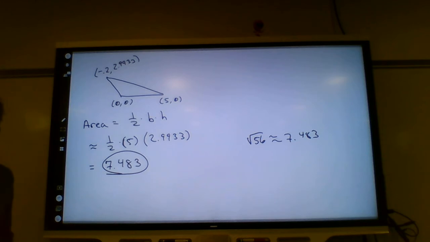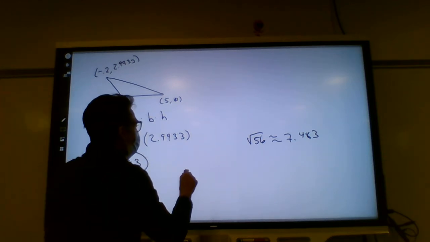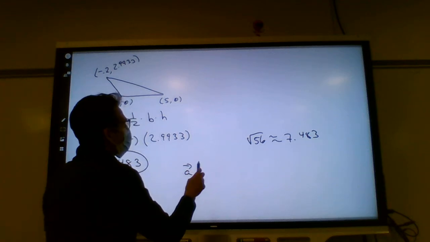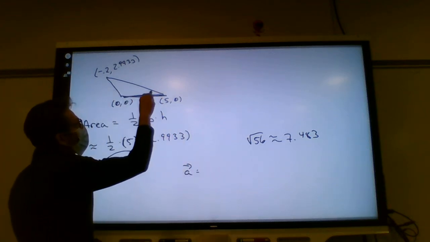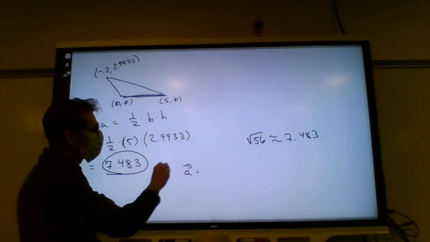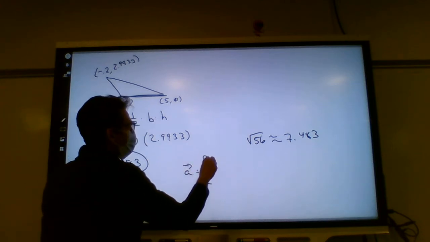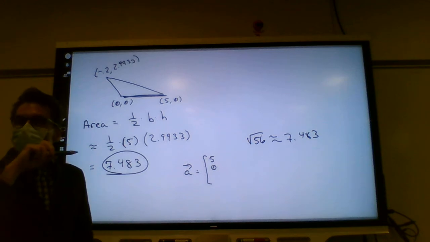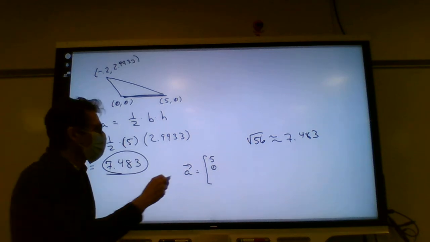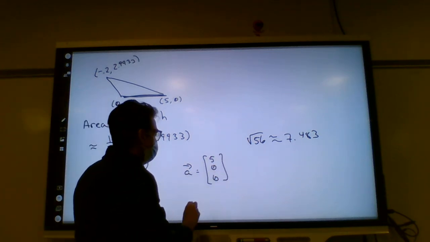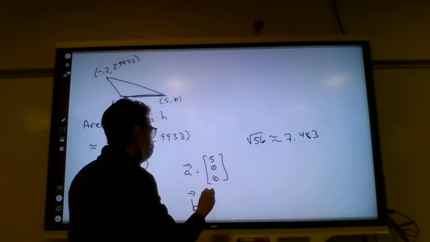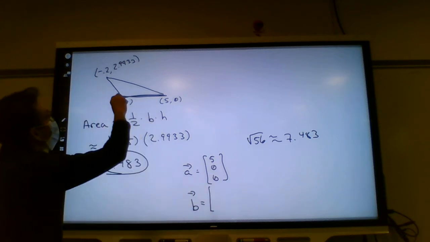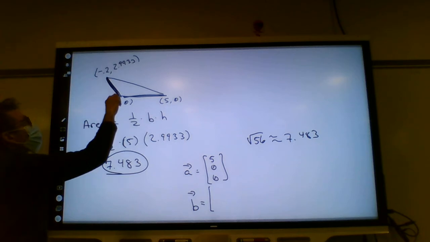Now, what would happen if we used the vectors? Well, what would the vectors be? Vector A, describing this side, would be what? But it needs to be three-dimensional, so put a 0. And vector B would be this side.